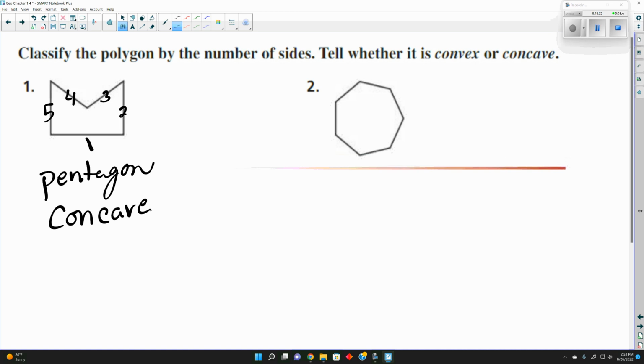That one is hexagon and convex. 3, 4, 5, 6, 7. Heptagon. An octagon is a stop sign, but there's not too many that actually are 7. They're always usually about 8.